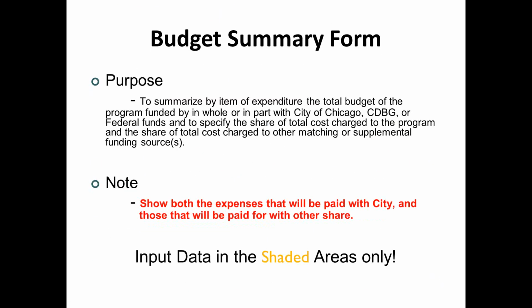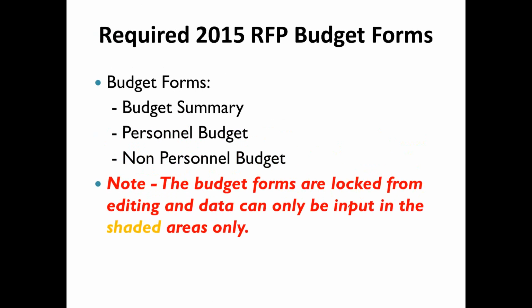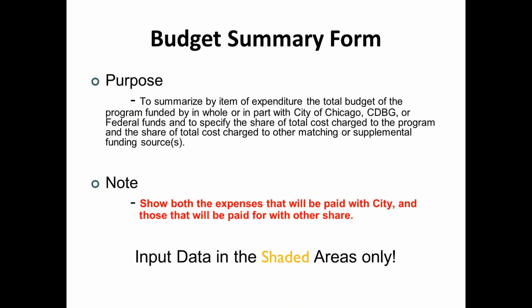All right, budget summary form. In order to complete the budget, again, the three forms we need are the budget summary form, the personnel budget, and the non-personnel budget. Our first form to complete is the budget summary form. The purpose of this form is just to summarize everything.